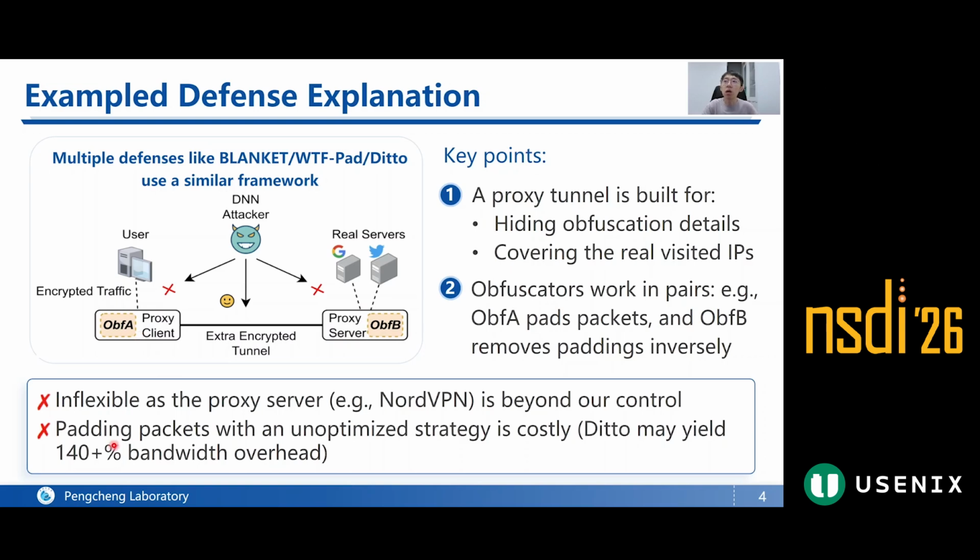Also, some solutions choose to pad packets with human-designed strategies, and these strategies may not be well optimized, which will increase the bandwidth overhead and thus delay the user's visiting latency.